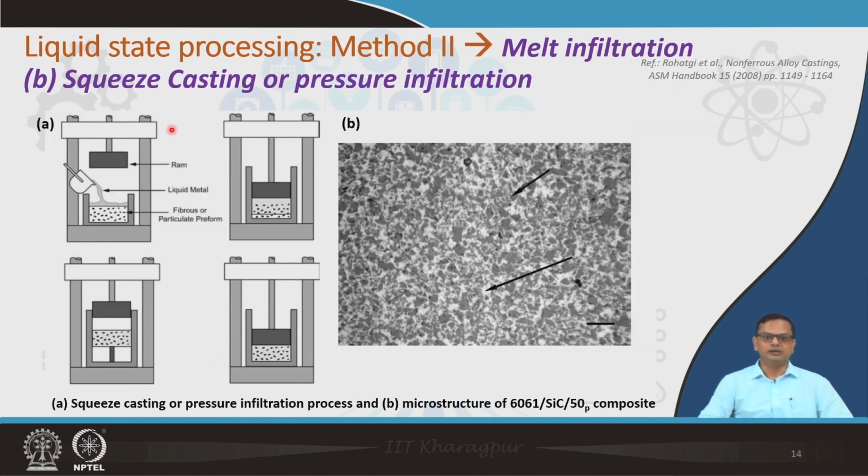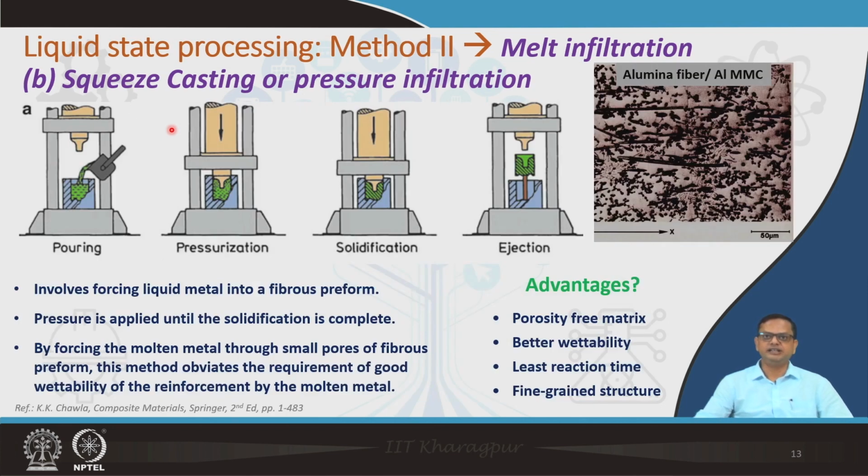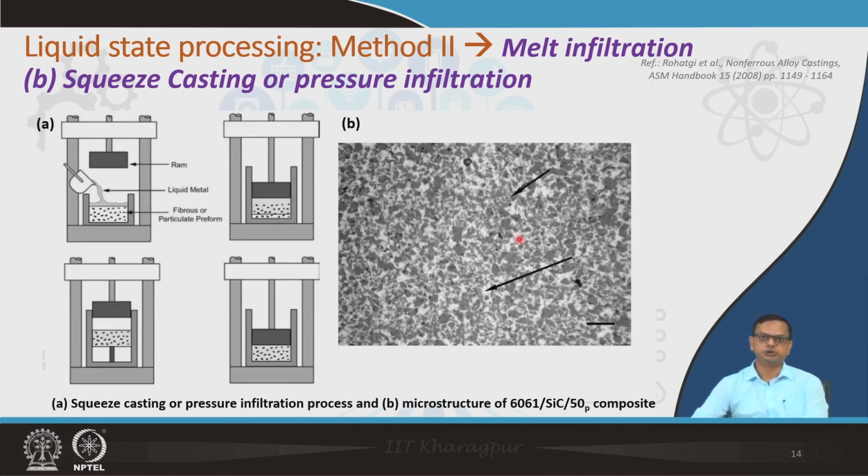An example has been shown here earlier also. You can see the example here, this is alumina fiber used to reinforce an aluminum matrix, made by squeeze casting. Similarly, another example has been shown here, an aluminum matrix which is reinforced with SiC particles. A very high amount of SiC particles can be used here, 50%.